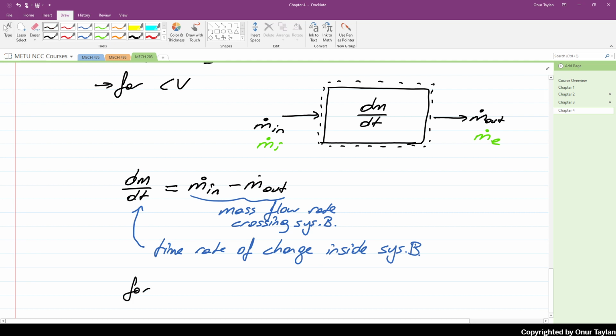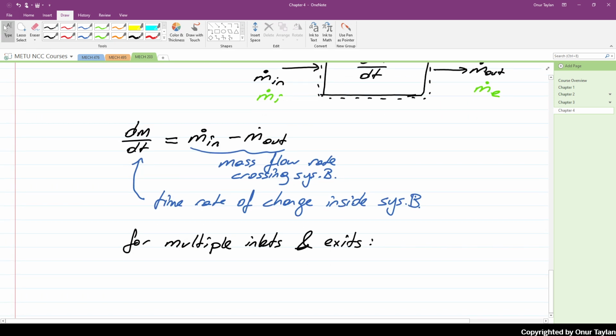If I were to generalize this, this is just for a single inlet and single exit, as we call it. It means the mass flow enters the system at a single location, and the mass flow leaves the system at a single location as well. You might have multiple inlets, and you might also have multiple exits.